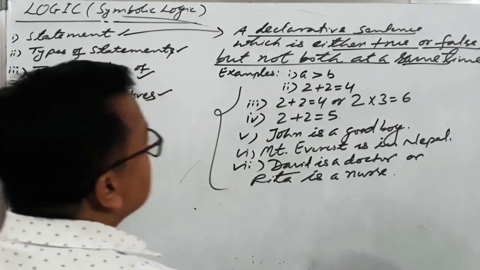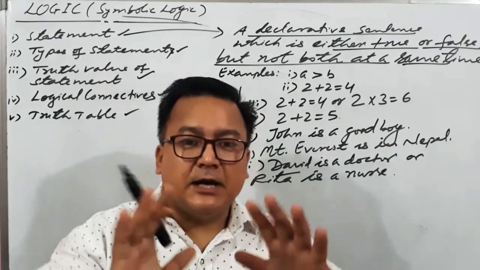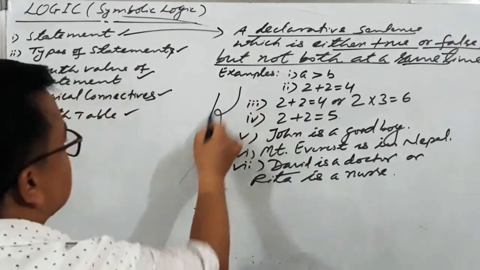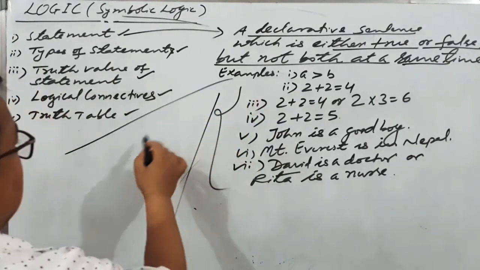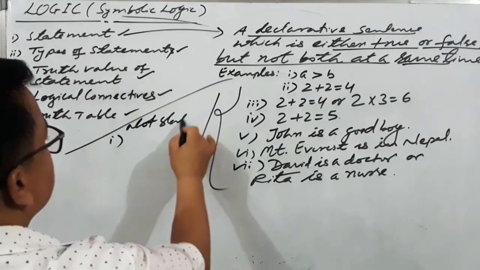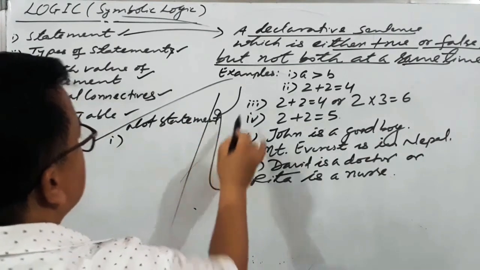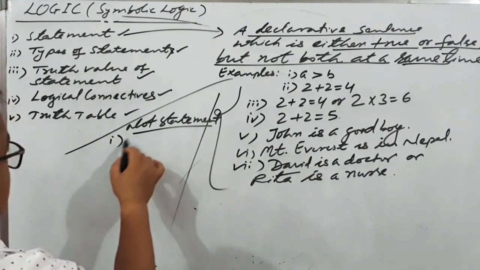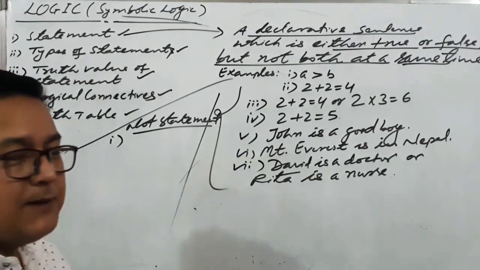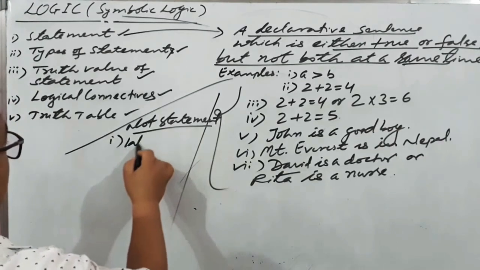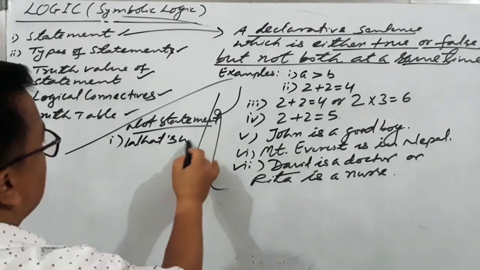So, what are the sentences which are not examples of a statement? Here, I'm writing number one, not statement. I'm going to give you examples of sentences which are not statements. What's up?